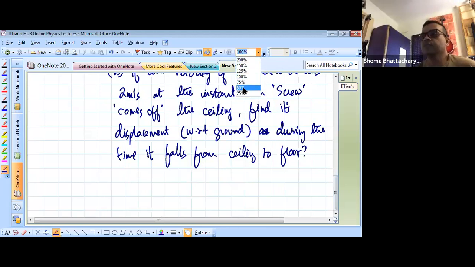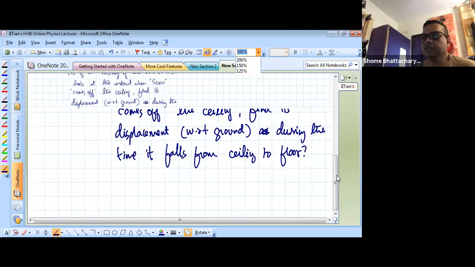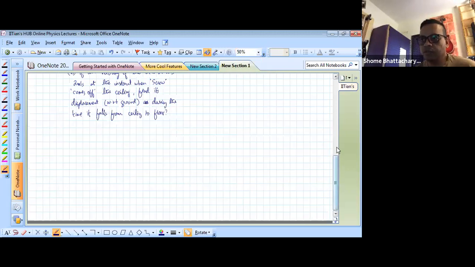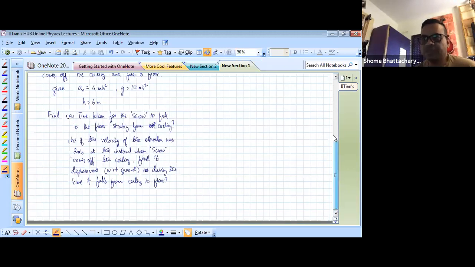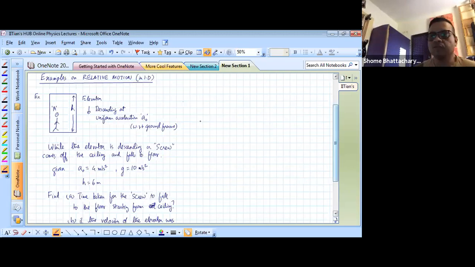So let me just minimize that for you and explain the question again. To answer one of you in the messages, you don't need the height of the duct, because the screw is coming off from here, and then it is falling and reaching the floor.